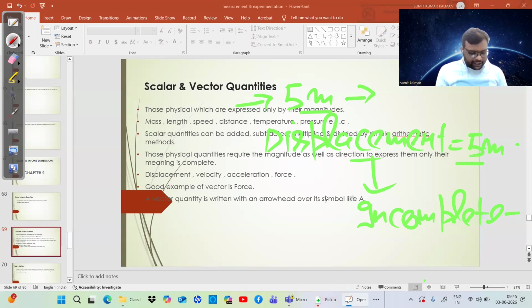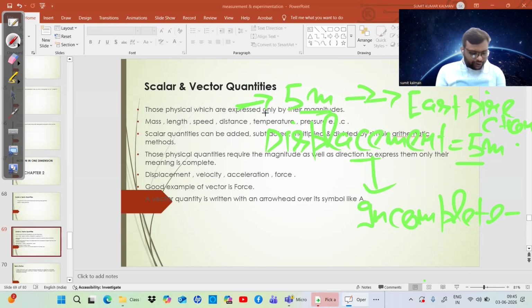Now, if I say displace the particle from that point 5 meter towards the east direction, or in any other direction, then it has a complete meaning. So what is the consequence of this?